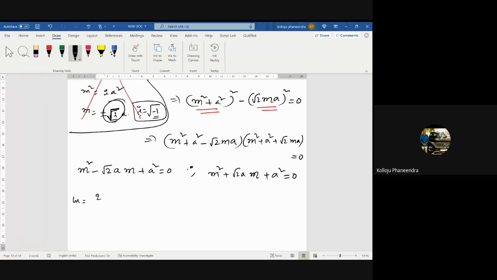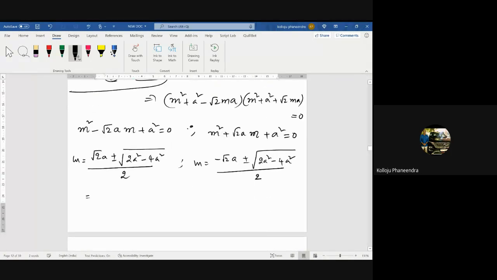Minus b plus or minus root of b square minus 4ac by 2a. Next, here m equal to minus b plus or minus root of b square minus 4ac by 2a, right? So what is this? It is root 2a plus or minus root 2ai, you will get. Is it correct?